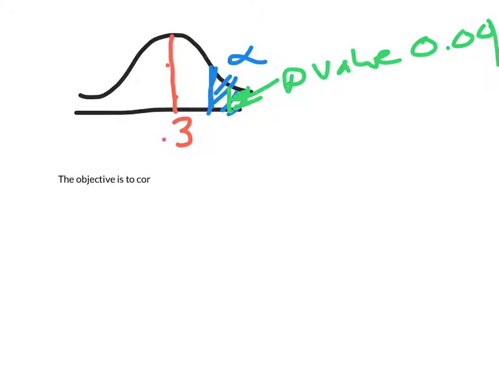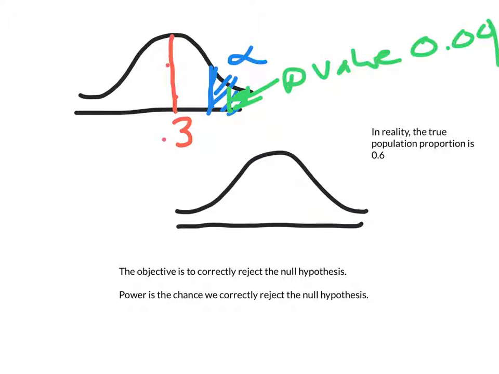So the objective is to correctly reject the null hypothesis. But what is the chance that we actually do correctly reject the null hypothesis? Well, correctly rejecting the null hypothesis is something known as power. Let's say in reality the true population proportion really is 60%.